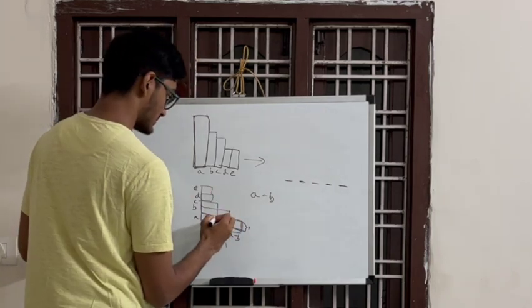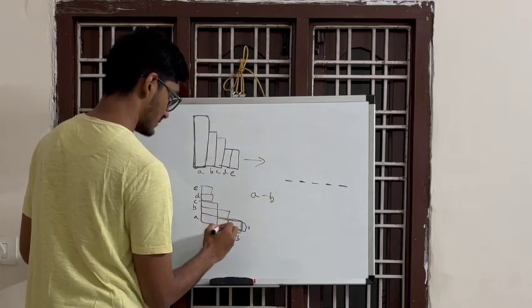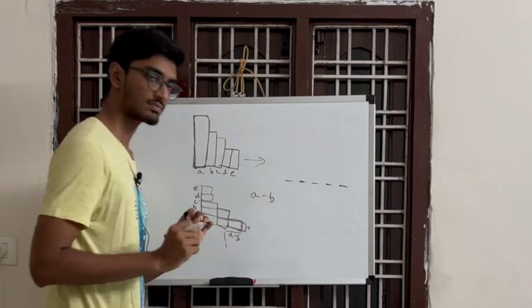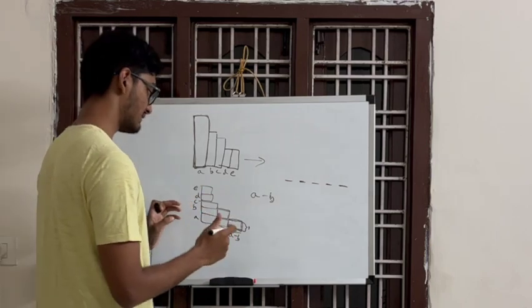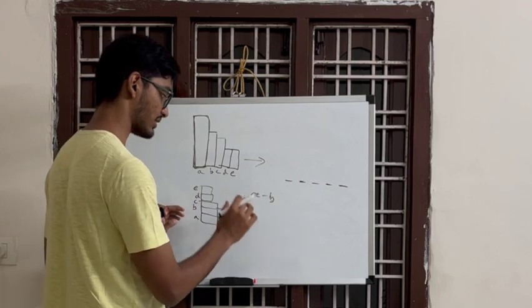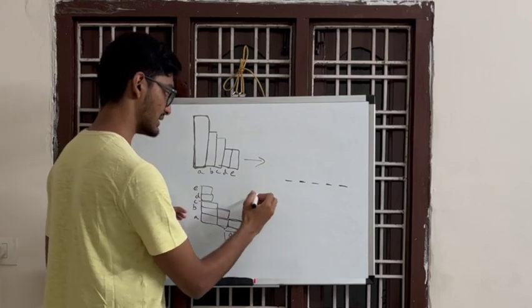So the length of these blocks will be 2 till here. So how to calculate that? We don't need A now. A is forgotten because we found out the number of blocks of length 1 is A minus B.